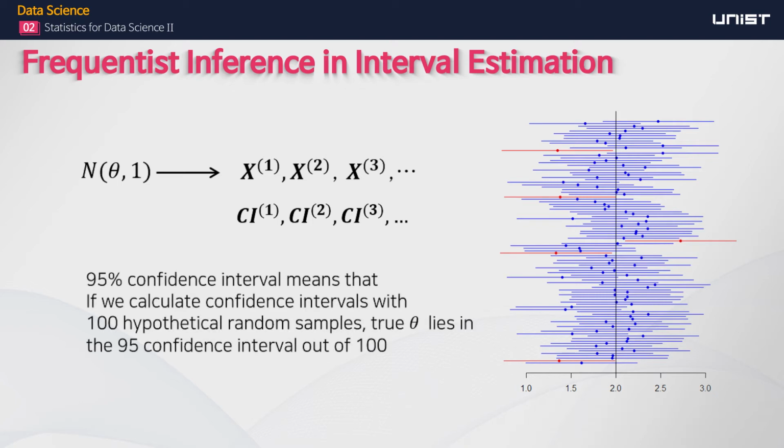It is a 95% confidence interval because in 95% of the scenarios, the true theta lies in the confidence interval. In this figure, we generated hypothetical random samples of size n, and we plot all those confidence intervals in red when they do not contain the true theta.